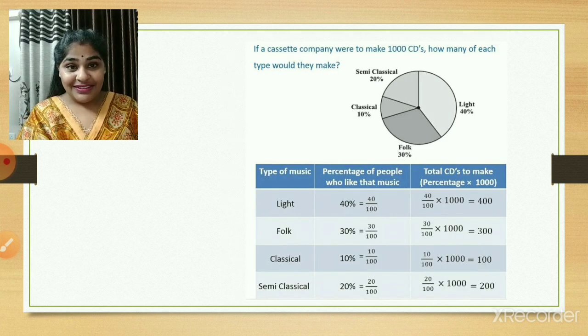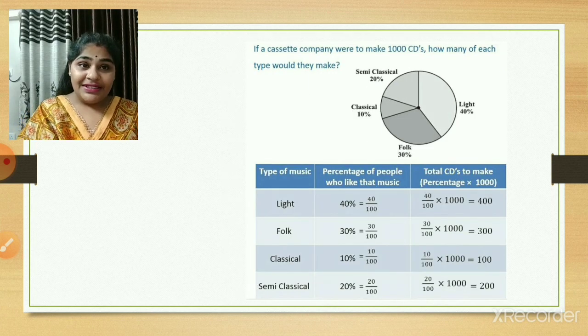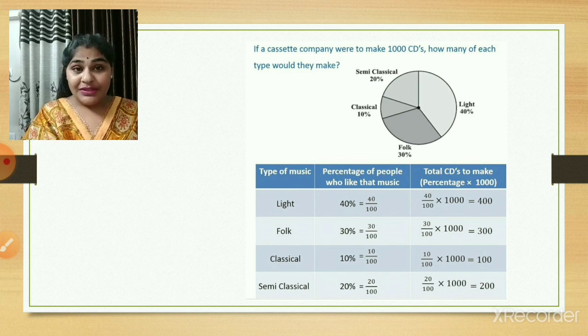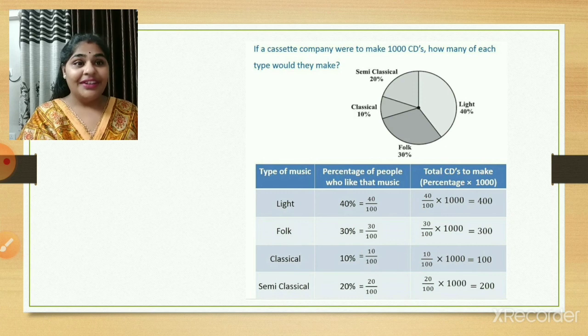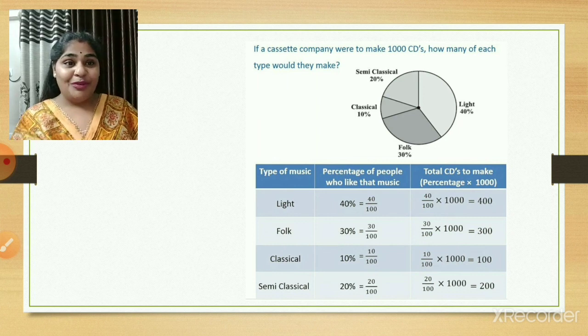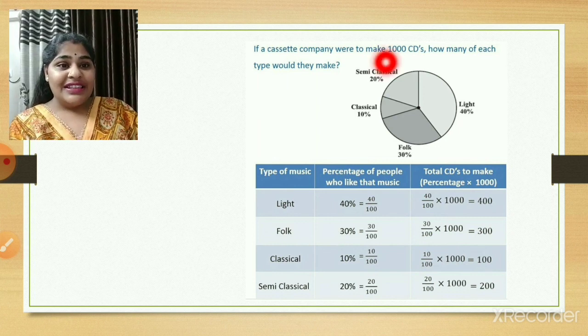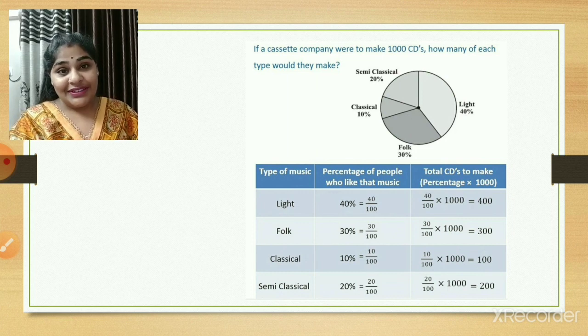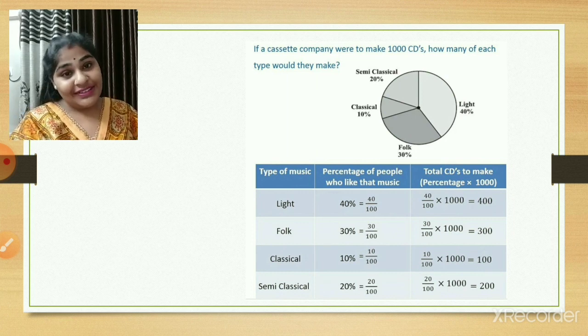Next one, that is the third question. If a cassette company were to make 1000 CDs, total number of CDs will be 1000. How many of each type would they make? So what are you going to do? Suppose first I am taking light music, they like 40%. So 40% of 1000 CDs.